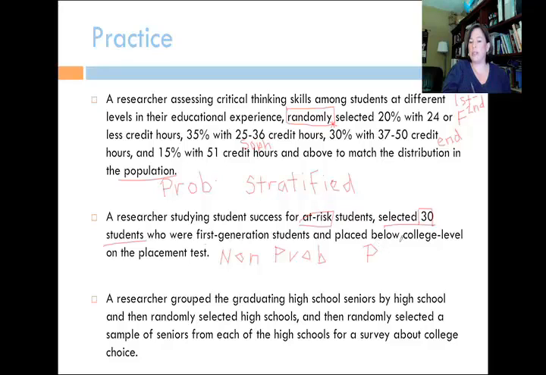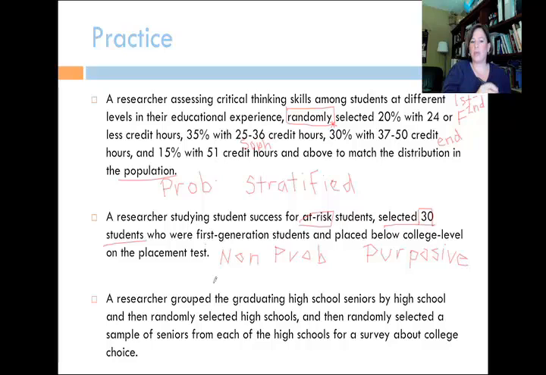I am purposely selecting students from first generation and below college level to study student success of at-risk students. Even the sample size itself, you can tell this is probably not going to be a quantitative study because it probably doesn't get high enough in terms of being able to represent the population of at-risk students.